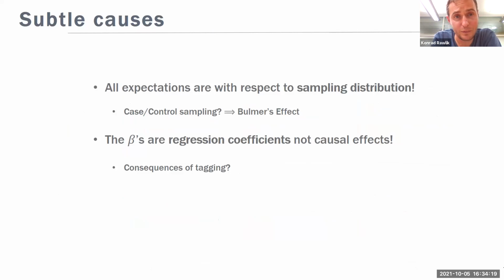One of them is that all the expectations we took were under the sampling distribution. So our pi is, in a way, the distribution from which we get our observation, so it includes any additional filters that we put on top of the natural processes governing the population.